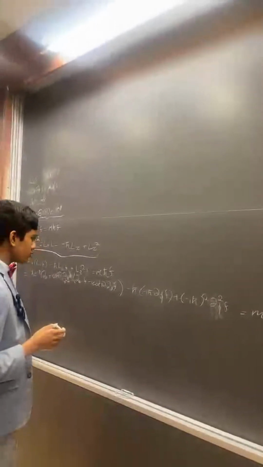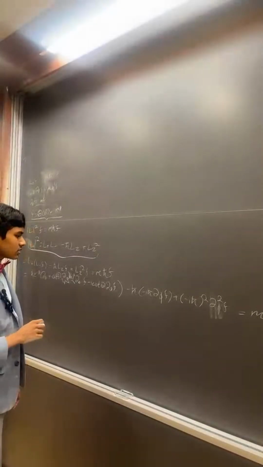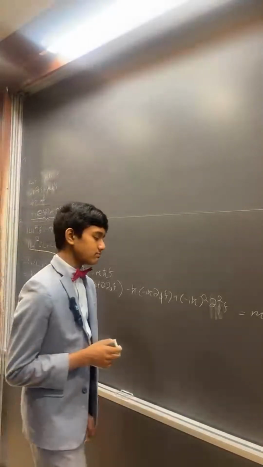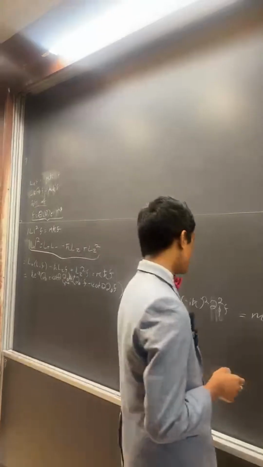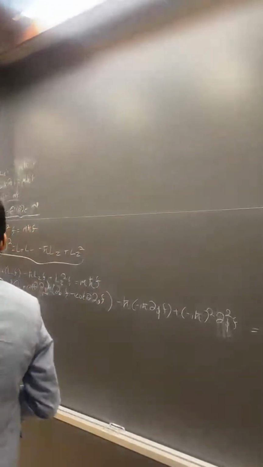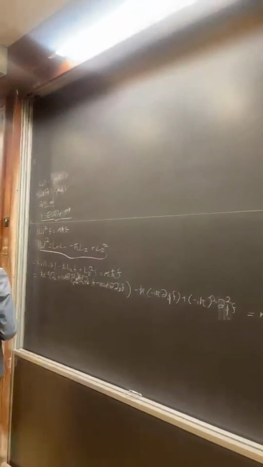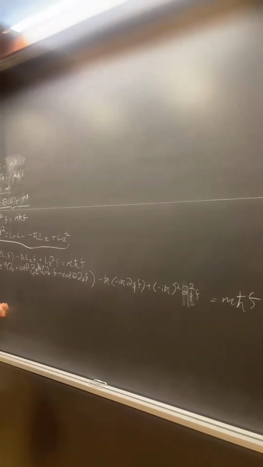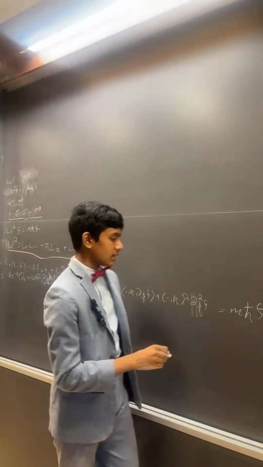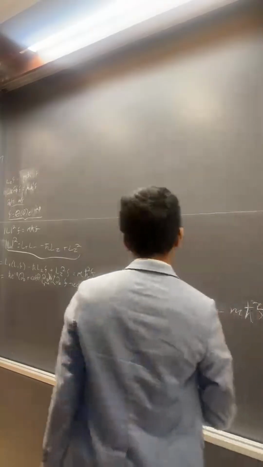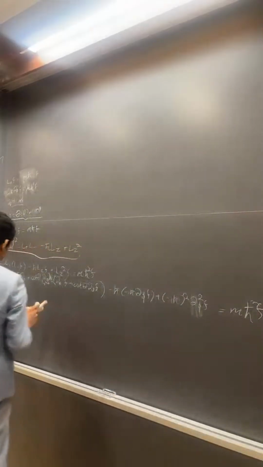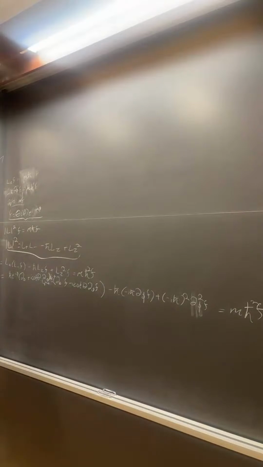So now things are about to get really bad, which now it is time to distribute the derivatives because there's not much else we can do.